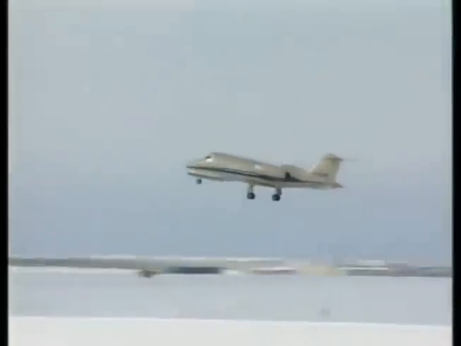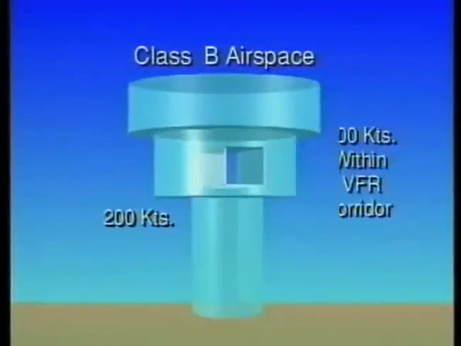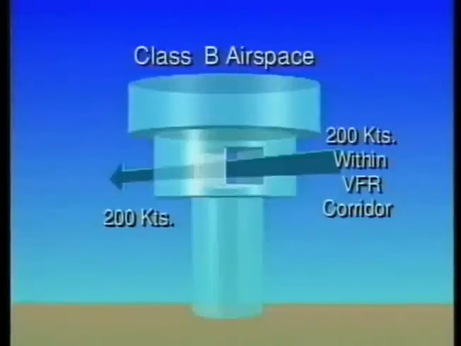When operating below 2,500 feet AGL and within 4 nautical miles of the primary airport of a Class C or D airspace area, the maximum airspeed decreases to 200 knots. This 200-knot limitation also applies to aircraft operating in the airspace below the lateral limits of Class B airspace and in a VFR corridor designated through such airspace.